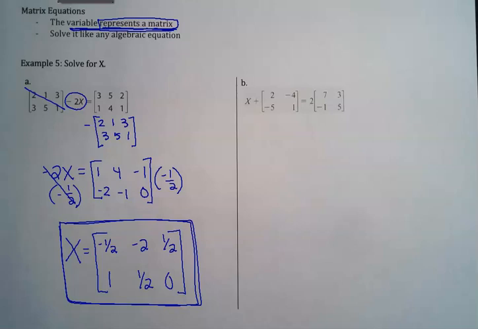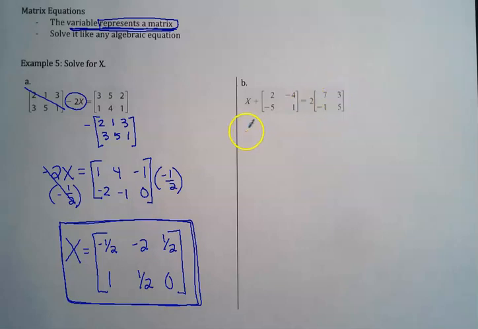Okay, so this time we have matrix X plus the matrix 2, -4, -5, 1 equals 2 times matrix 7, 3, -1, 5. Again, if these were numbers, what would you do? Well, 2 is being multiplied by this matrix, so we need to simplify here.